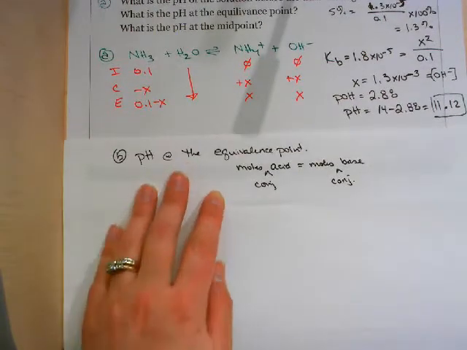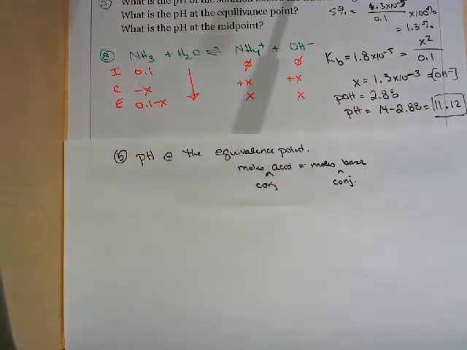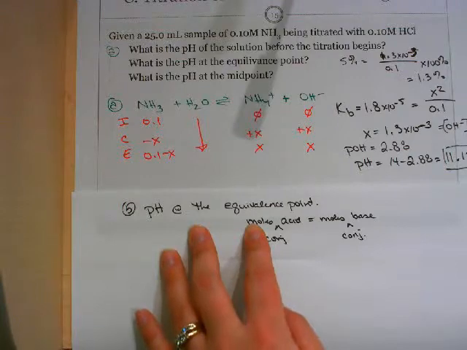That's true at that point. So in order to figure out where that is, what do I have to find? Moles of, which one do I know right off the bat? NH3, so it's the base of the acid. I can find moles of base right now. Let me do that first.